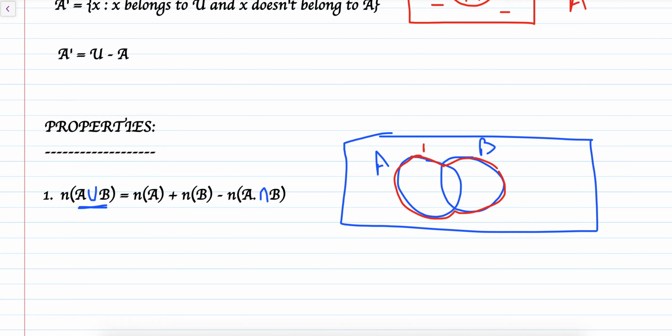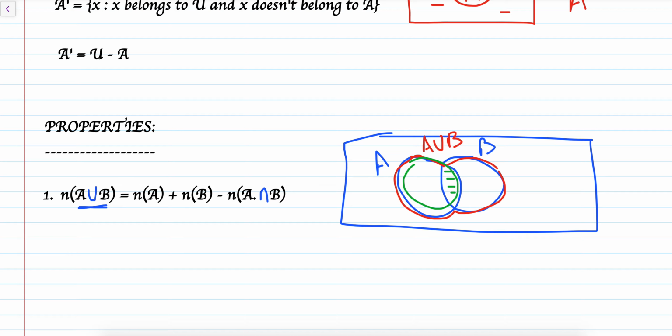This is A union B. And this part is A. So we take all the elements in A and we add all the elements in B. So we see that this part is added twice.